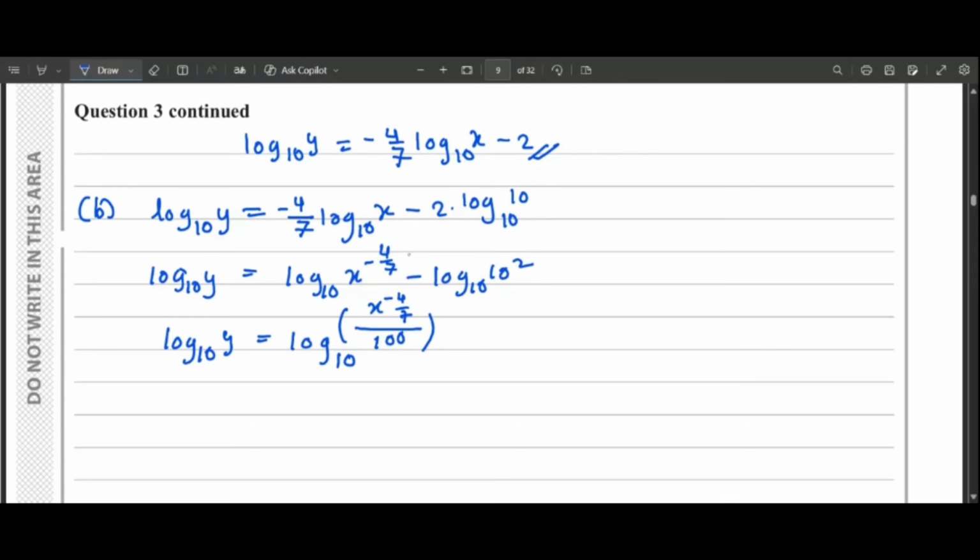In the next step, I have used the laws of logarithms to move what is before the log and write it as a power, because we know that log of a to the power of something is equal to the power times the log of that thing. So we have used this to write this part.